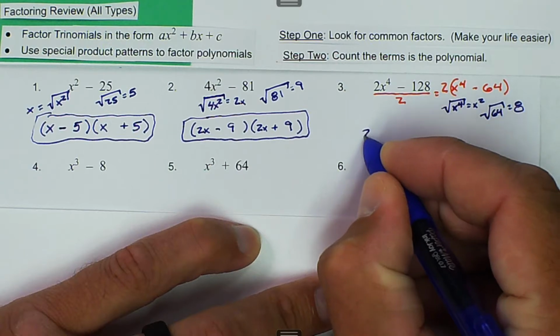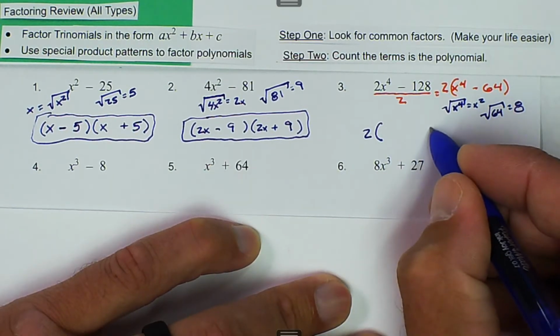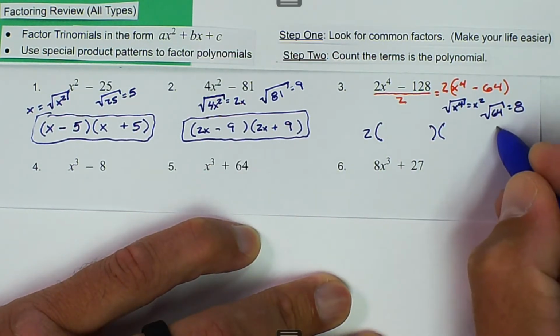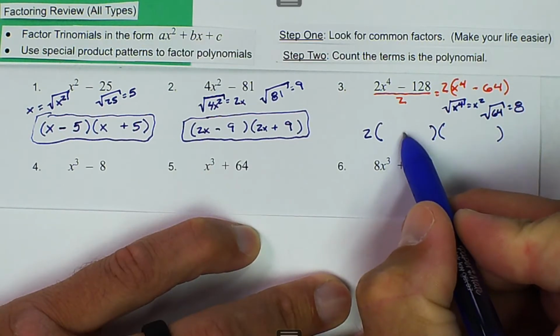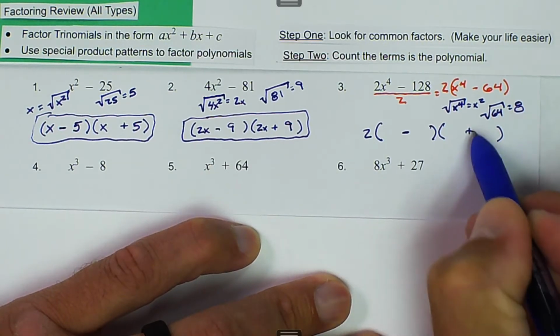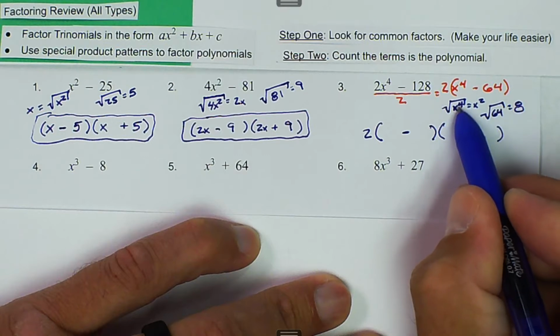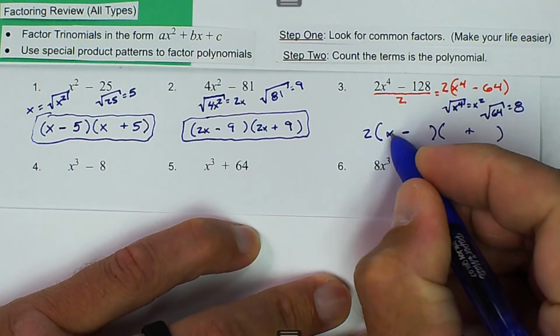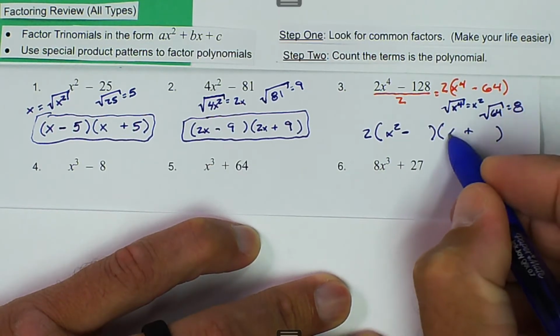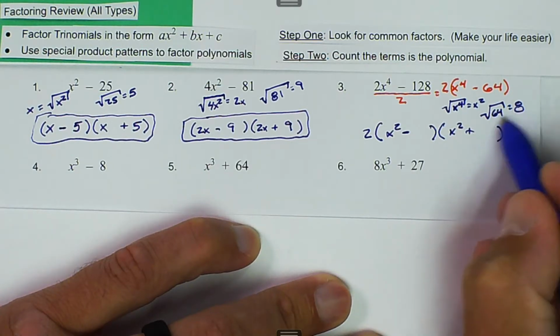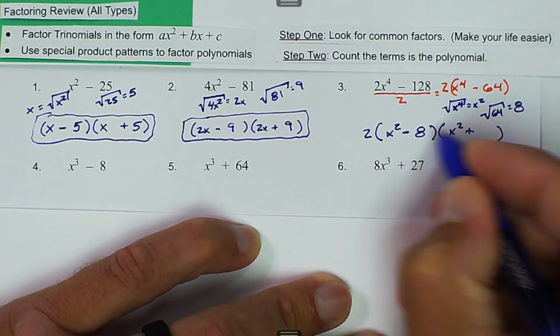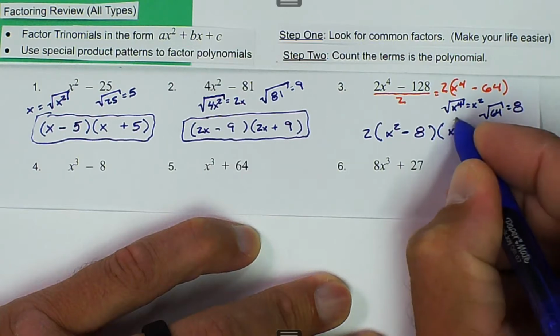We still have to have the 2 out front of the parentheses because we did factor that one out already. Then we have our minus and plus. Then we took the square root of x to the 4th as x squared, so that goes for the first term of both binomials, and the square root of 64 is 8, so that goes for the second term of both binomials.